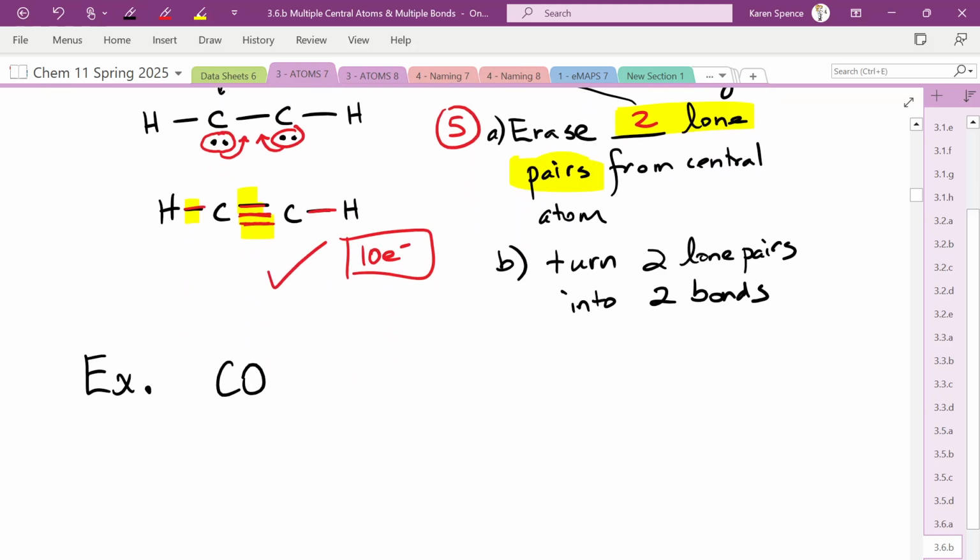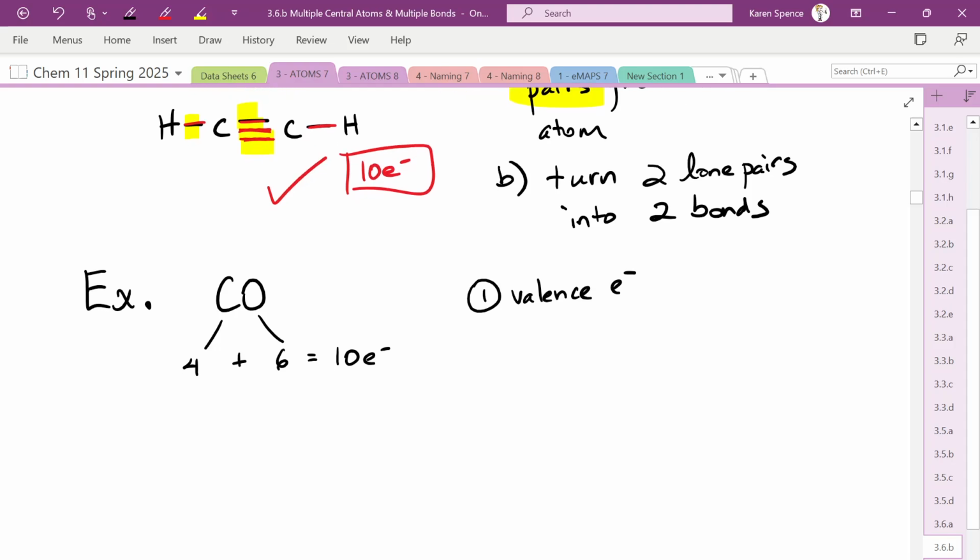CO. Step number 1, valence electrons. Step number 2, skeleton structure.